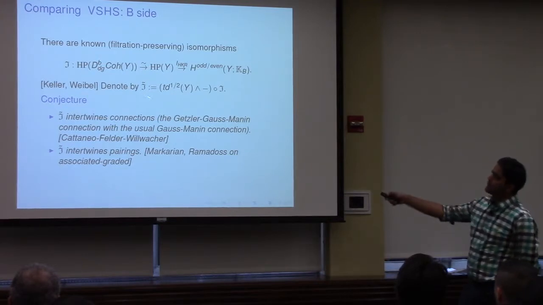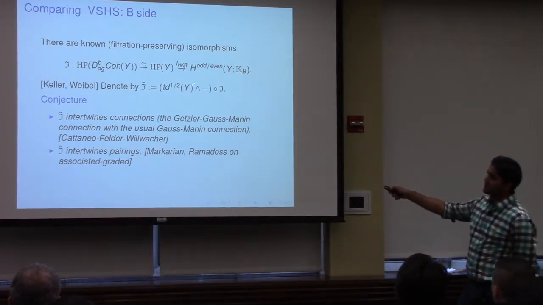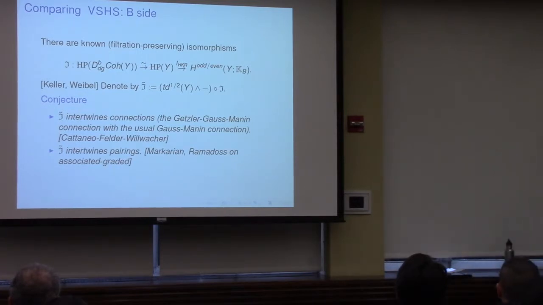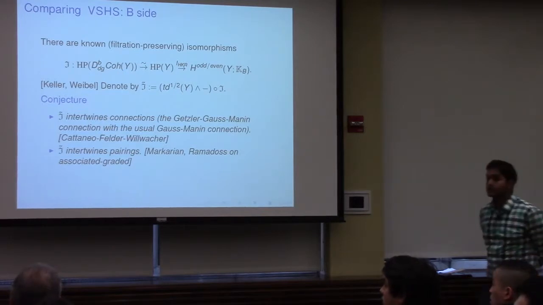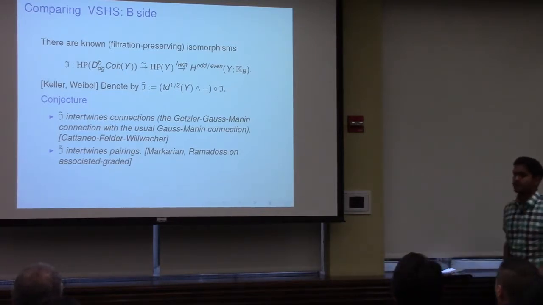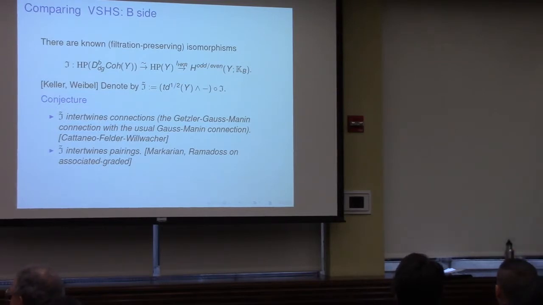As usual, to ensure compatibility with structures, we maybe want to modify this by a Todd class contribution. I don't want to say too much about that. There are many isomorphisms in principle. Yes, absolutely, so we have some choices of isomorphisms, and we want to choose the ones described in the literature with this modification.